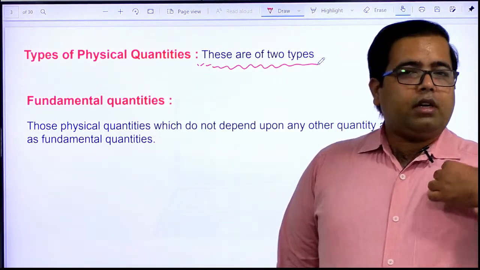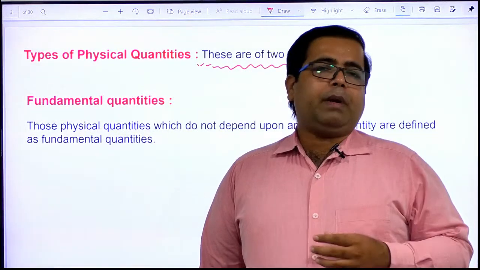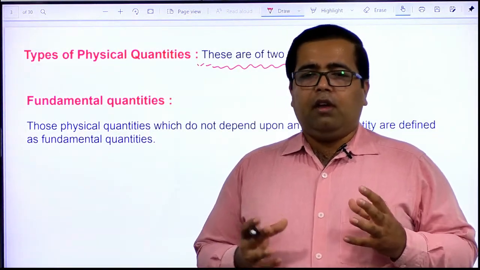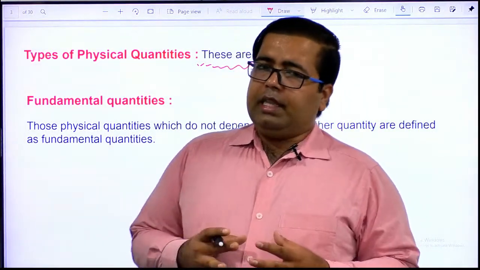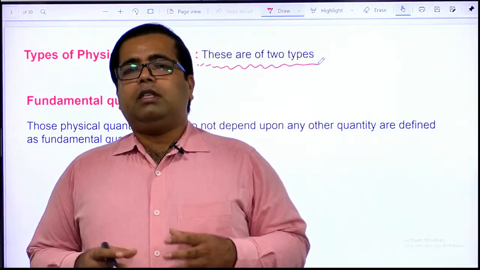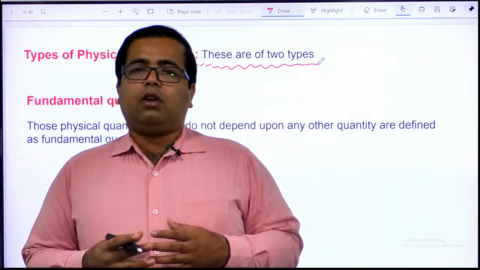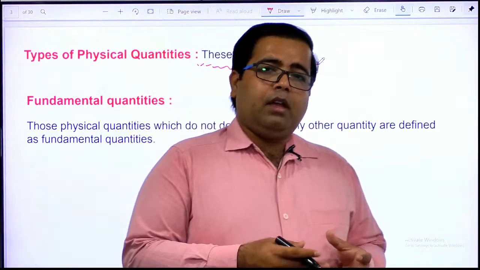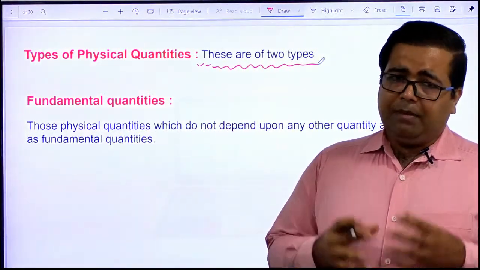Just first study the fundamental quantity. Fundamental physical quantities are those physical quantities which are independent from each other. Actually, fundamental quantities are a set of physical quantities that are independent from each other, meaning using any number of fundamental physical quantities, you cannot derive any fundamental quantity in the same set.